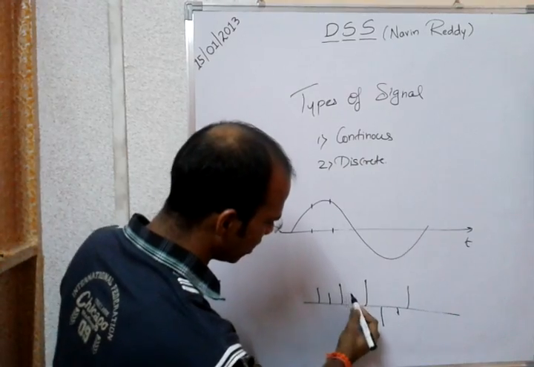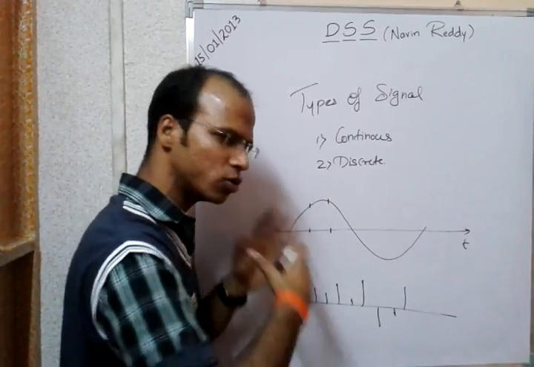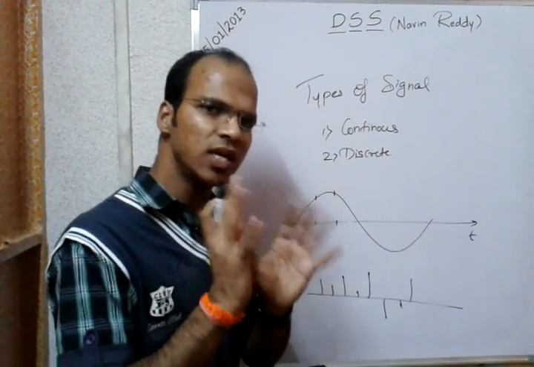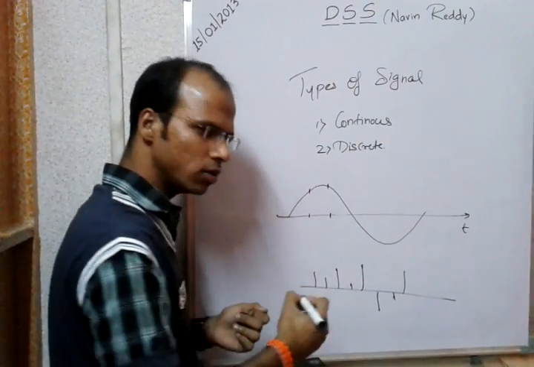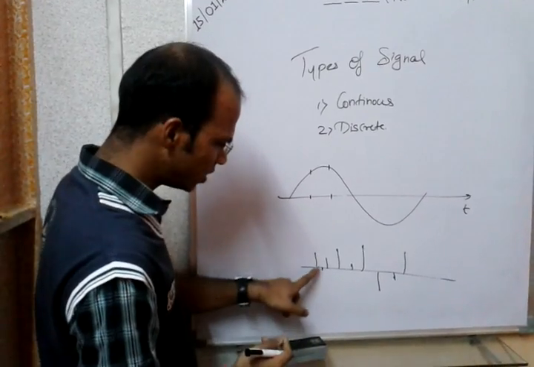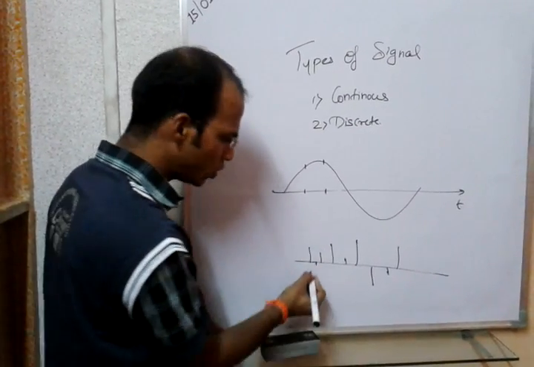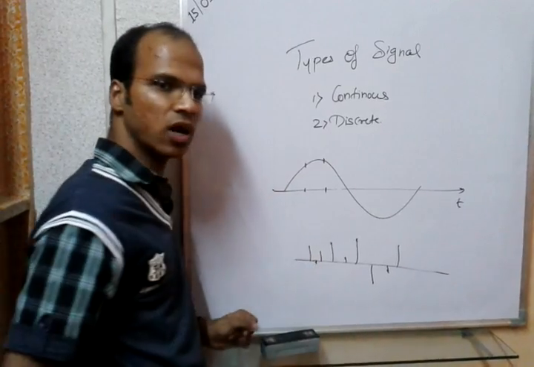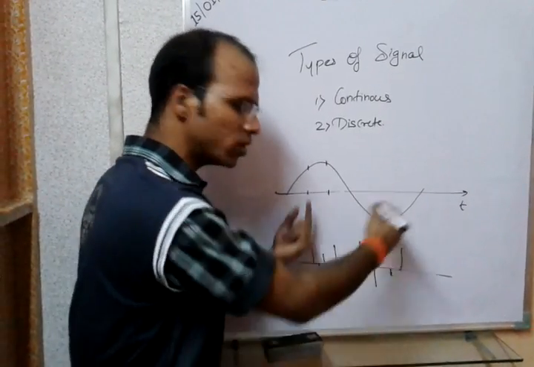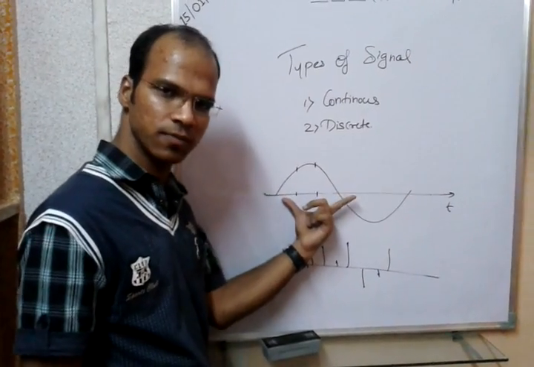You just have the points. You can have a virtual thought about it, but physically you cannot get a value at this position. You can get the value only at these points. You cannot get a value at an in-between point, because this is not a continuous signal. This is a discrete signal, and this is a continuous signal.